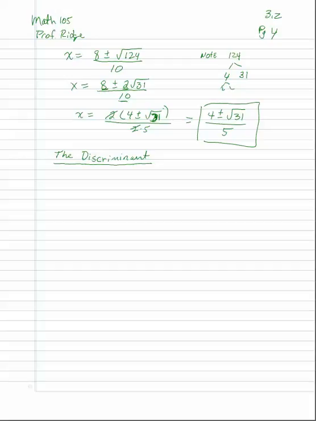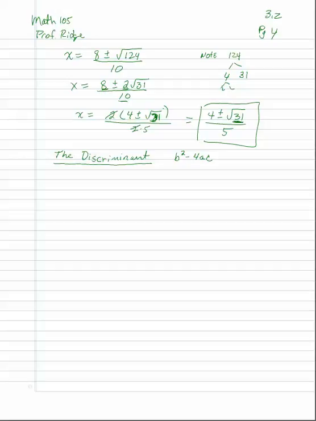Alright, so now let's talk about the discriminant. So the discriminant is basically in the quadratic formula. It's the thing under the square root, the radicand, b squared minus 4ac. And basically that's going to tell you what type of solutions you're going to have, because if this, see up here, the 4 plus or minus square root of 31, if that radicand was something nice, like 16, a perfect square, square root of 16 is 4, and then I get 2 rational answers.